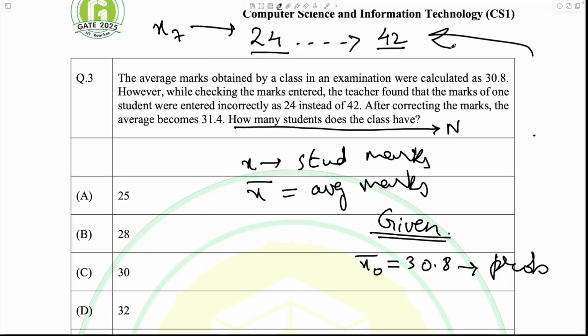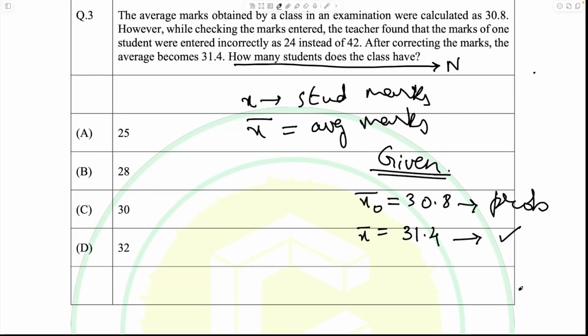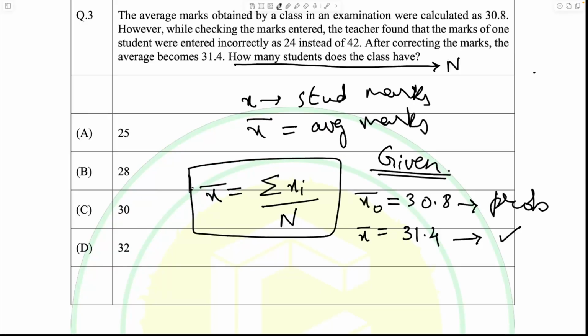After correcting this mistake, the new mean is found to be 31.4, and this is your correct mean. What is the formula for mean? You find the mean by taking the summation, that is the addition of all the marks, and dividing it by the total number of entries in the database, which is the number of students here. This is the basic fundamental formula we are going to use throughout the question.